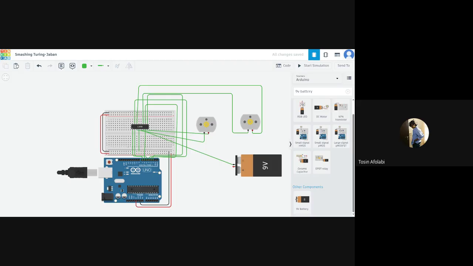Everybody's just sorting everything out. Okay, we need a 12-volt power connector. It's going to be from our power 1, go all the way to our battery.